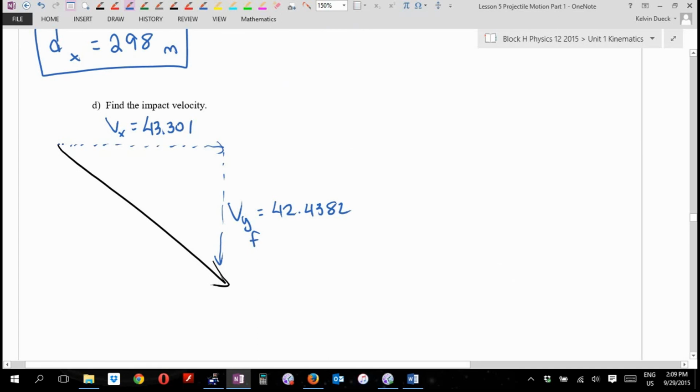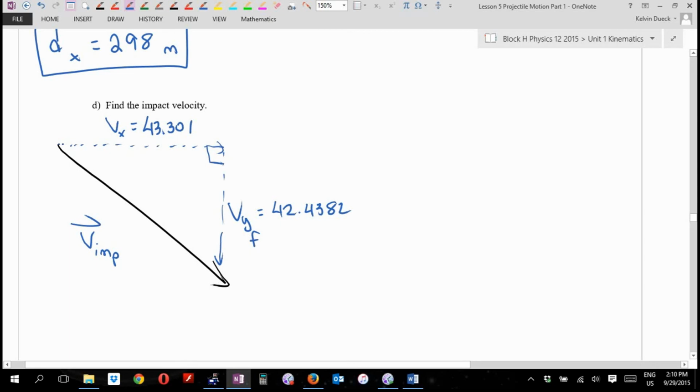Now, the actual impact velocity they want me to find is that one. Hey, that's a resultant. I would add Vx and Vy final together. How would I draw them? Already did.